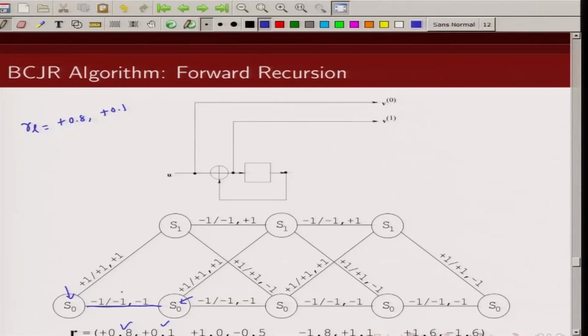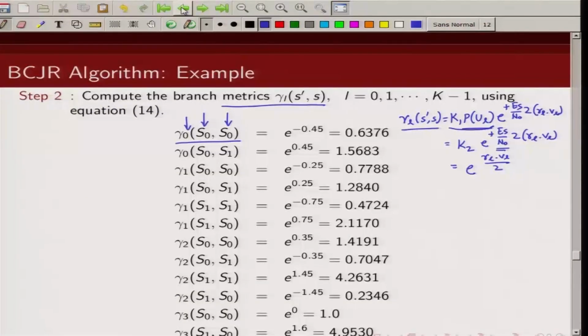This is minus 1 and minus 1. Then this dot product can be written as plus 0.8 into minus 1 plus 0.1 into minus 1, so this will be minus 0.9. So, RL dot VL is minus 0.9. If we plug that in here, minus 0.9 by 2, this is minus 0.45, which is given by this.